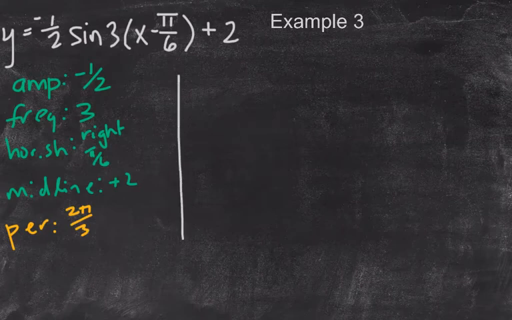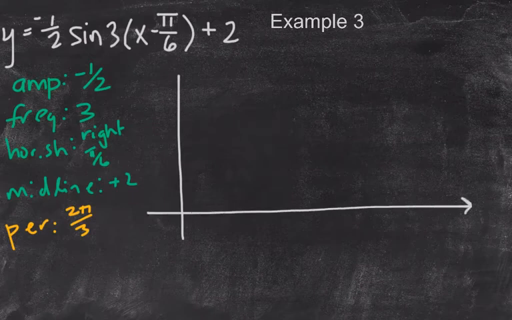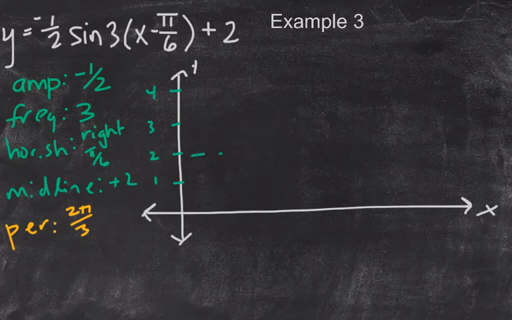Set up my axes here. See, I've got a midline at +2, so I'm going to just put my x-axis right at the bottom of my curve here. I know it's all going to be above the x-axis. Alright, midline is at +2, so let's scale this out. 1, 2, 3, 4. Here's my midline.